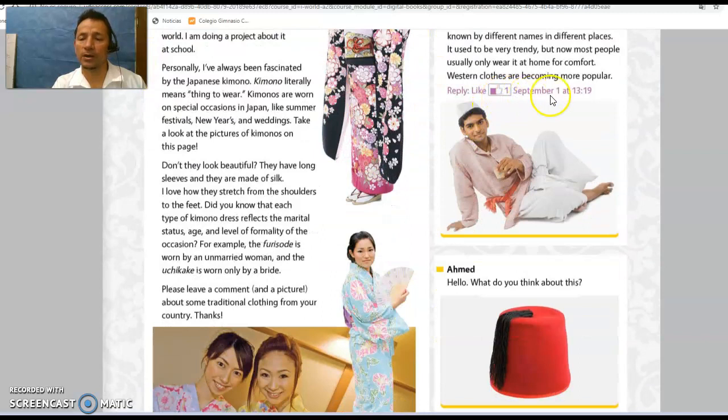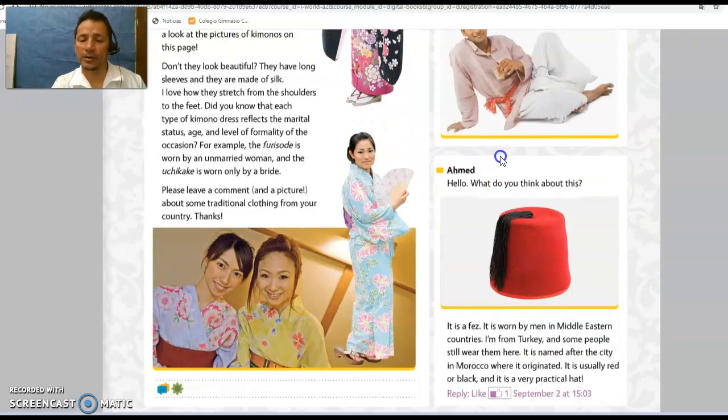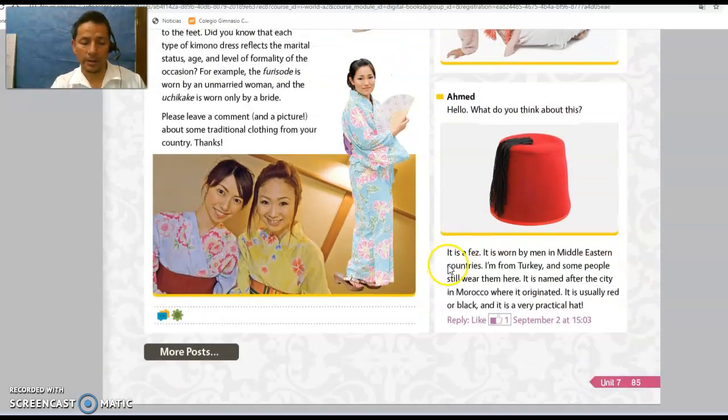Reply, 1 September at 13:19. Ahmed: Hello. What do you think about this? It's a fez. It is worn by men in the Middle Eastern countries. I'm from Turkey, and some people still wear them here.